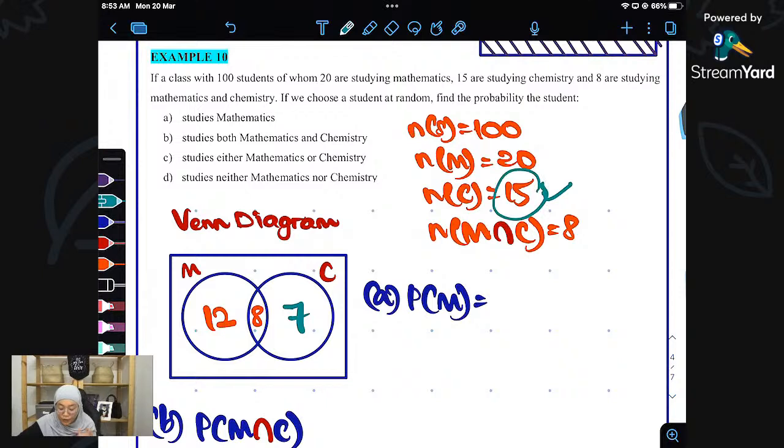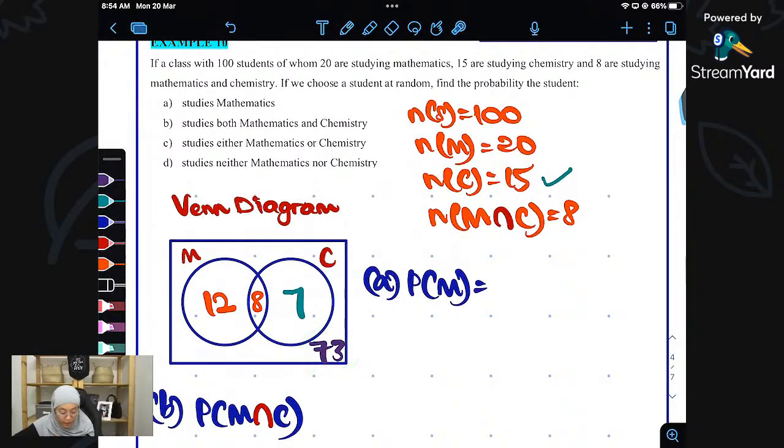So you will get 15 there. So in all of this, how many is it? 12 plus 8 plus 7 is 27. So 27 are the ones studying there. Okay, 27. So therefore, in the Venn diagram, outside this is 73. Because 73 is the ones that are not studying maths and chemistry at all. So you have to produce this by yourself, okay?